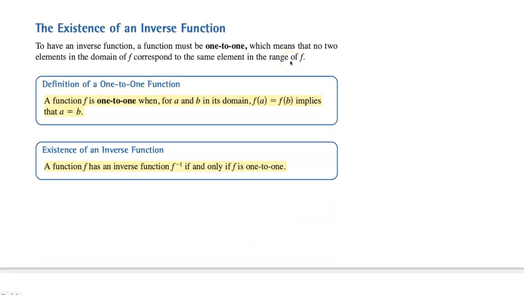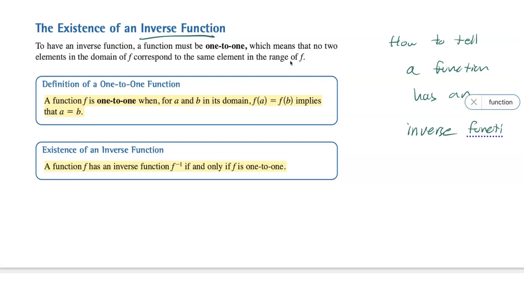The next thing is, how can you tell by looking at it if it's an inverse function? So that's what this is about. How to tell if a function has an inverse function.